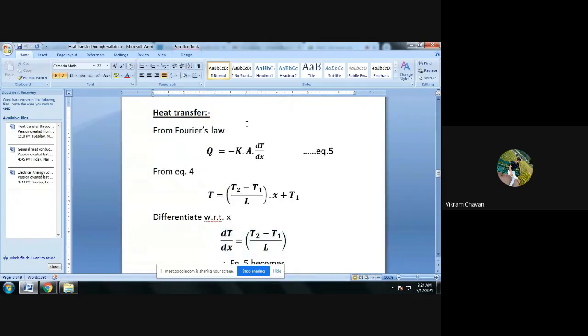So write down, in continuation with the previous derivation, heat transfer in a plane wall.